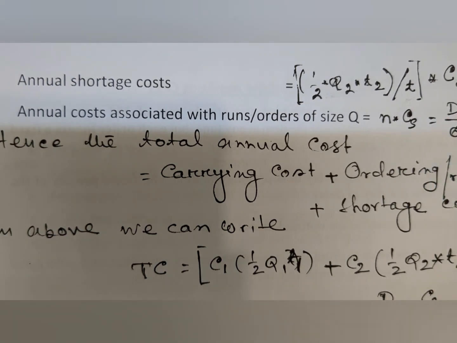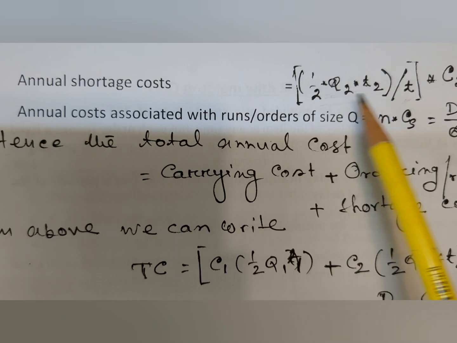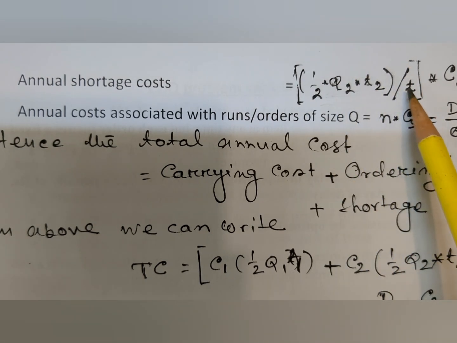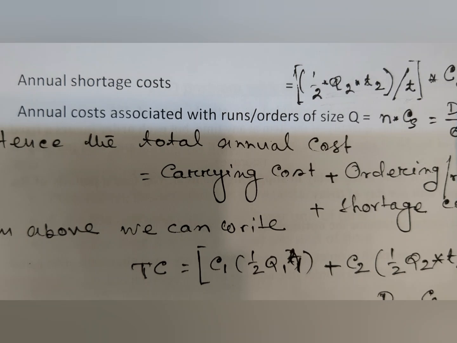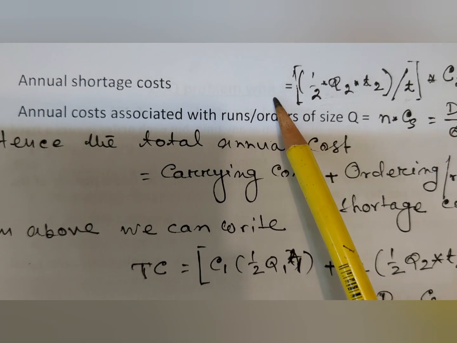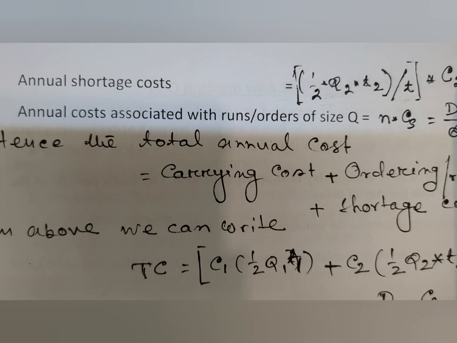C2 is the shortage cost per unit of time. Always on an average the shortage is this, and if you multiply this by C2, that is the shortage cost per unit of time, in this case 1 year, then the total shortage cost for the year will be this.